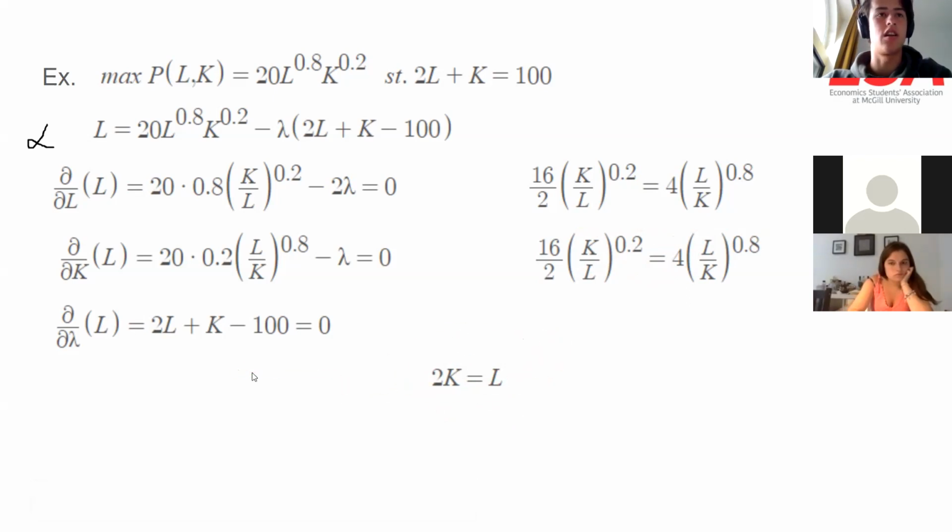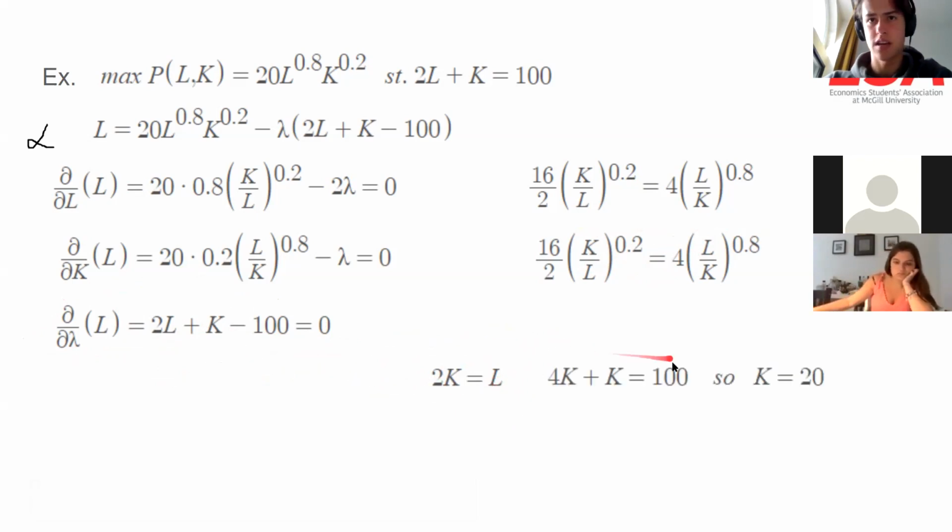Now using our last first order condition, we'll plug this value of L, which is 2K, into the last one.